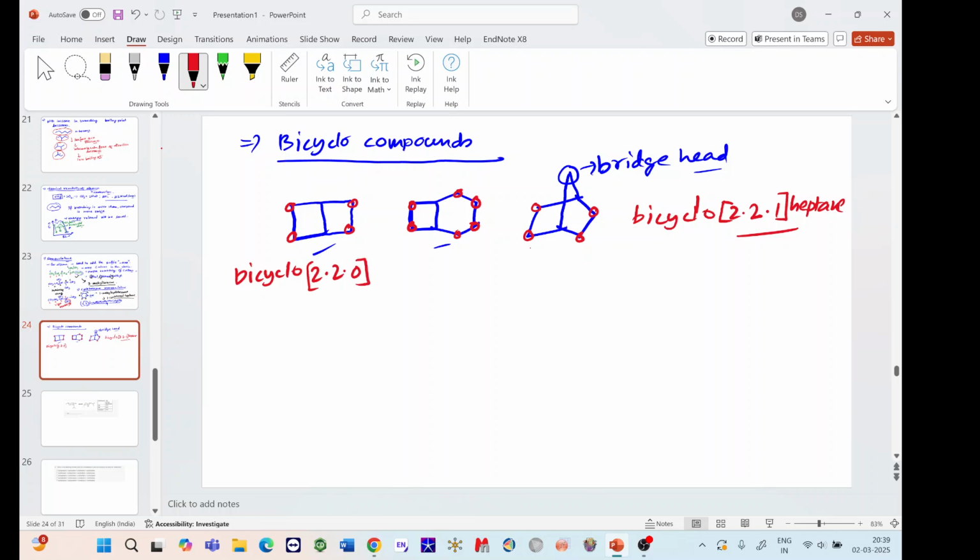Then 1, 2, 3, 4, 5, 6, hexane. What will be this one? Bicyclo 2, 4, 0, then 1, 2, 3, 4, 5, 6, 7, 8. Okay, 8 means octane. Do you understand? This is the way you should do it.